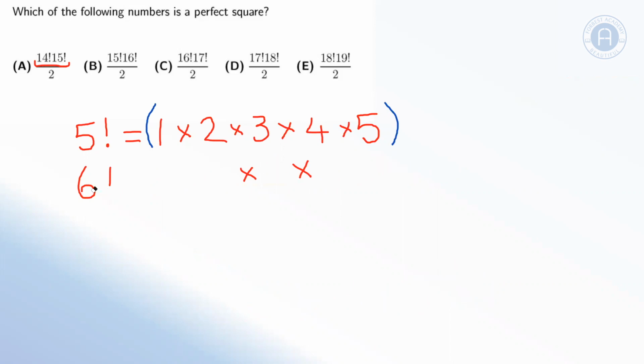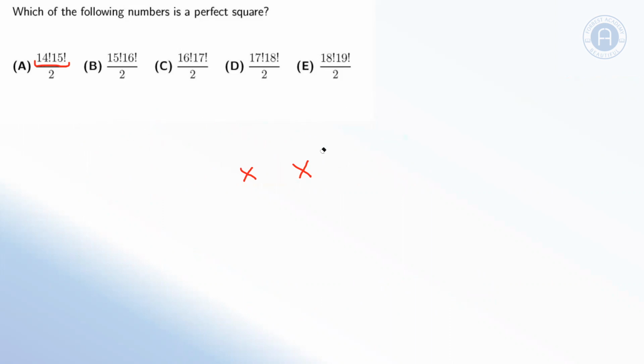So just looking at the numerators now, we are going to rewrite those into a square times another number. For A, we can write that as 14 factorial squared multiplied by 15. For B, we can write that as 15 factorial squared multiplied by 16.